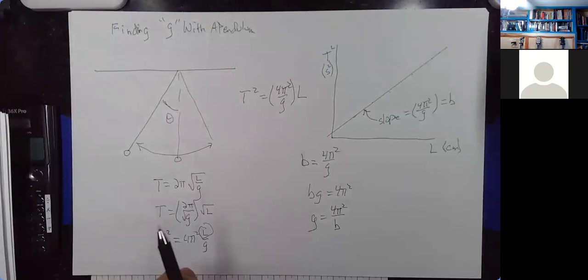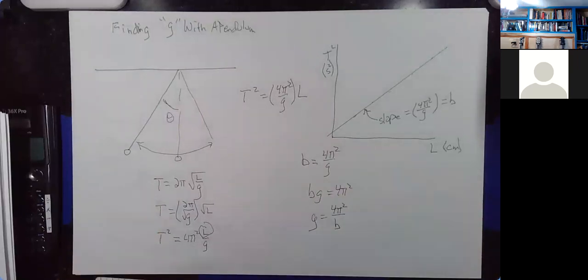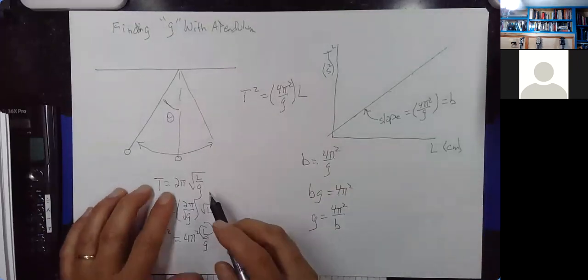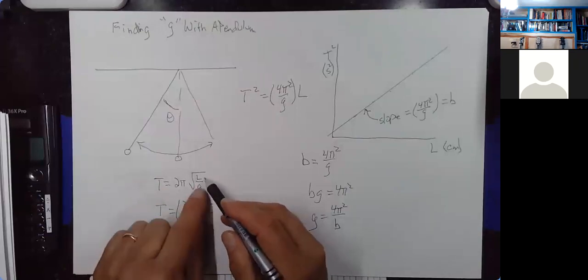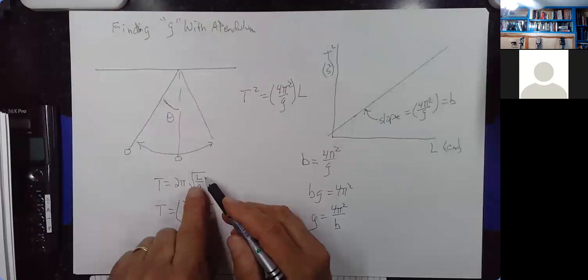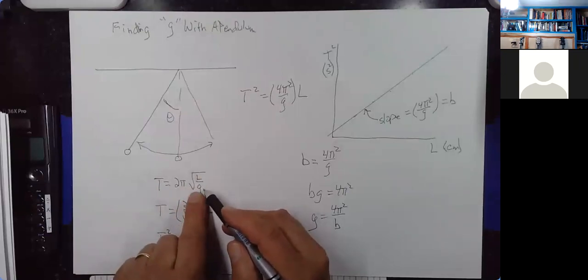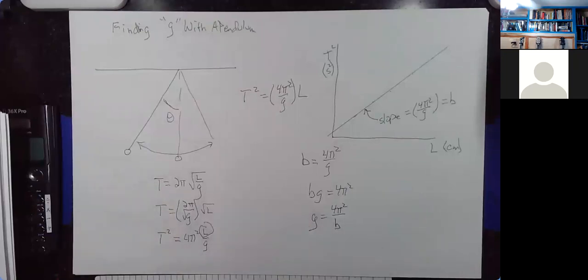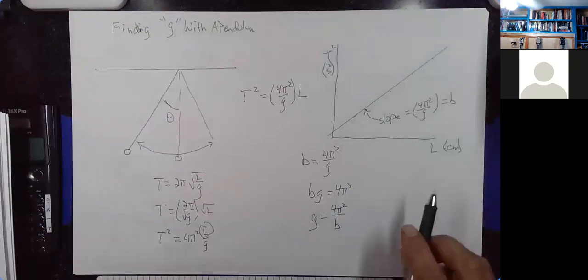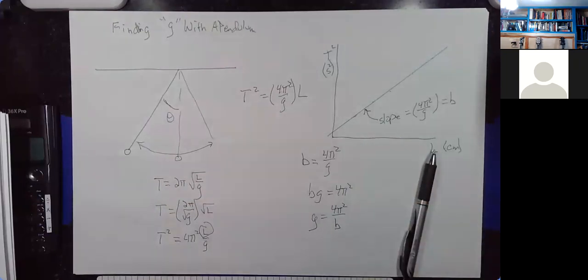For instance, a mass that's bobbing up and down on a spring does something very much like it, except in that case, instead of L over G, we would have the amount of mass on the spring divided by the spring constant. So it's a way of finding the spring constant as well, something very similar to this. So those are things that happen. But this is just another way of determining the acceleration due to gravity.